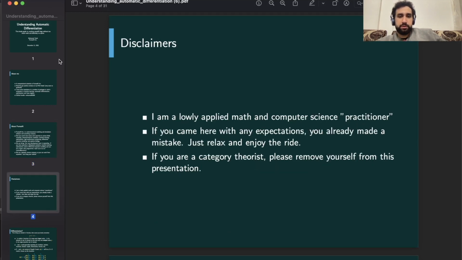So some disclaimers before I move on. In this talk, I am only a lowly applied math and computer science practitioner, and by that I mean that I'm not a theoretician by any definition of the word. And so I will not be attempting to be as theoretically fault-proof as possible.